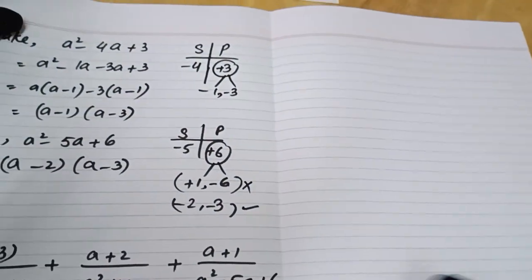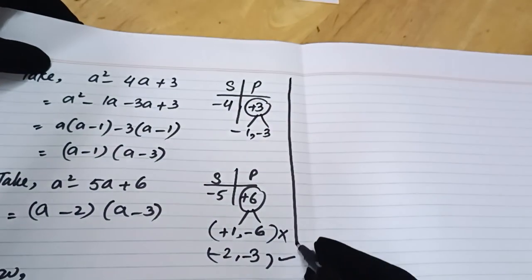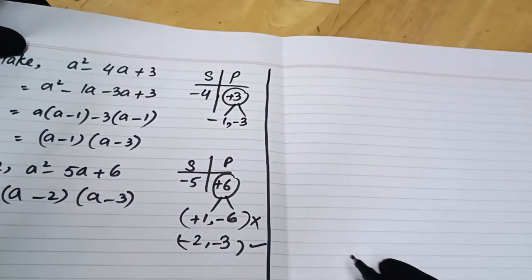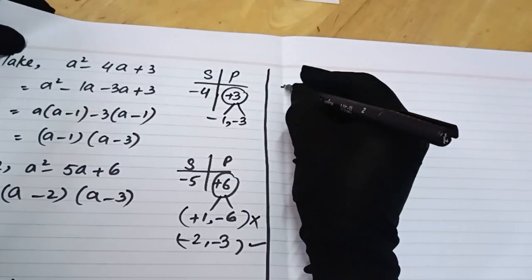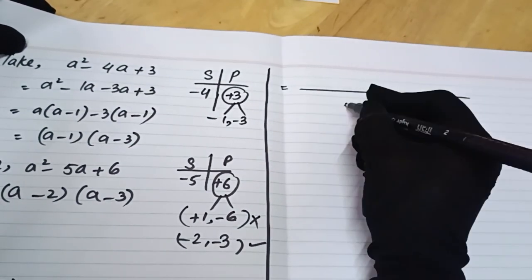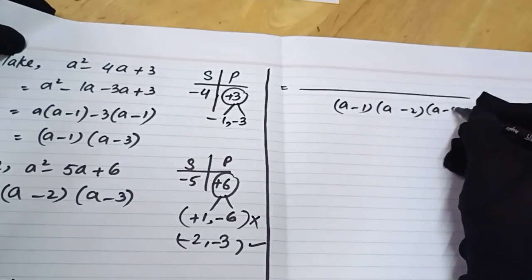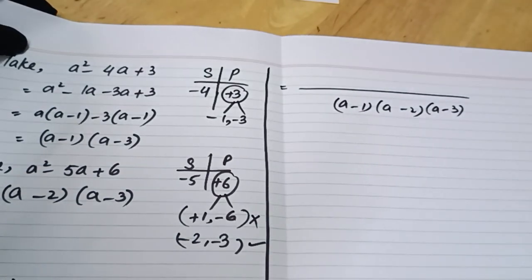Now we will make the denominator common. That common denominator is now a minus 1, a minus 2 and a minus 3. Collect the numerators.